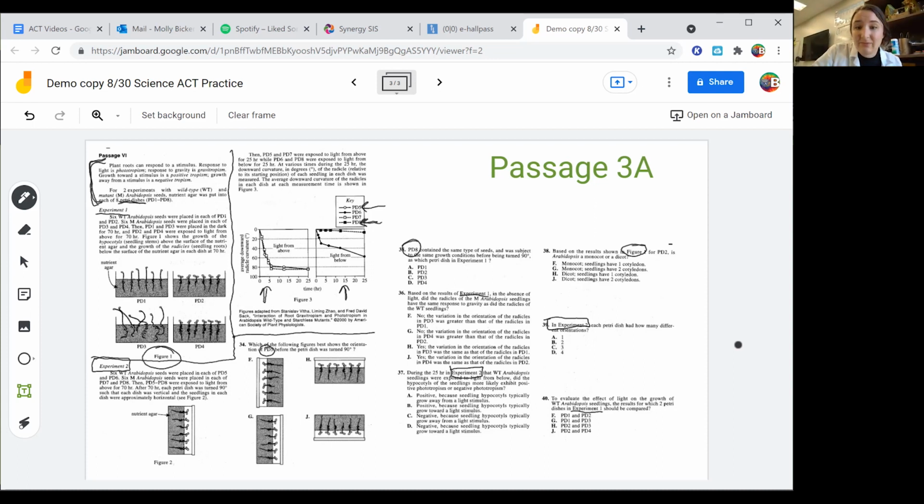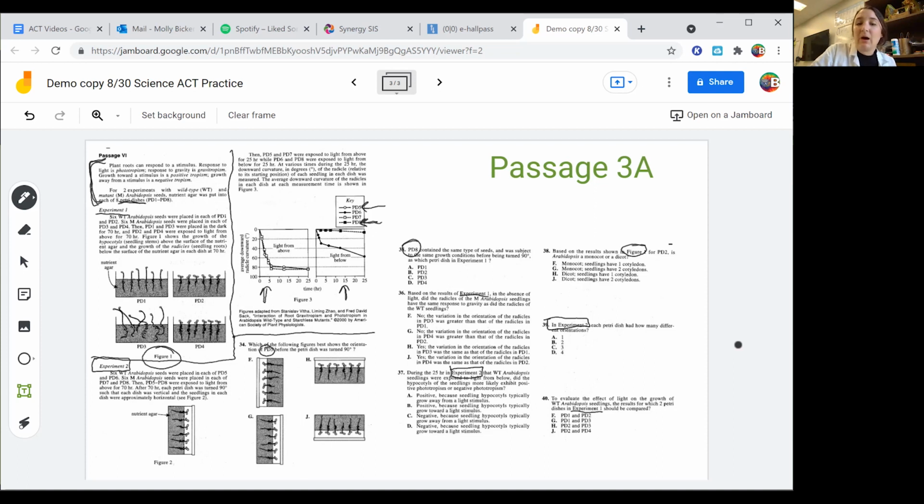I've marked up a lot of this, but as long as you stay in control of, okay, this is an experiment, this is an individual data point, you should be good to go. This is where that T, take it one question at a time, really comes into play. Don't panic. You are doing an excellent job.